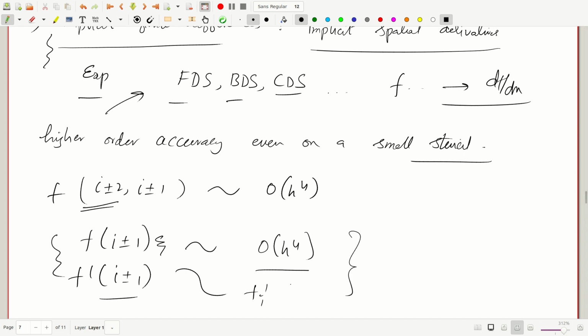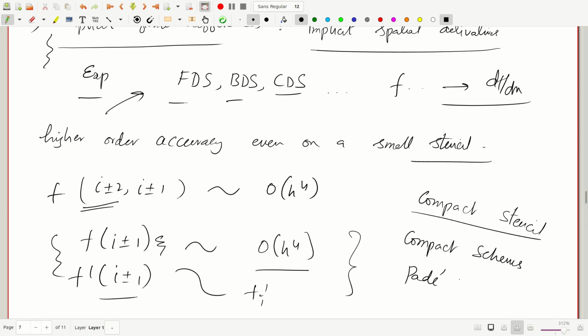Okay, so these schemes which are higher order in accuracy with a kind of compact stencil are known as compact schemes, first proposed by Pade. These are called Pade schemes.